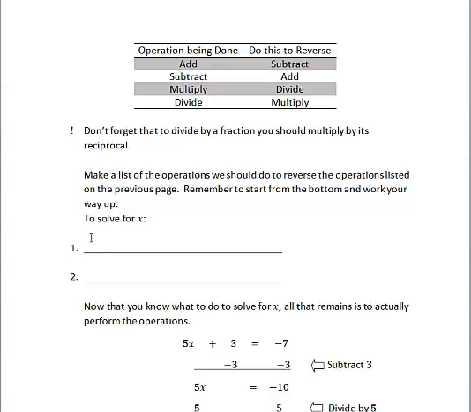So here's a different list, and it's related to the list that we just filled out. Again, we had the list: multiply by 5, add 3. This was the list from the previous page, and this list was what is happening to the x.